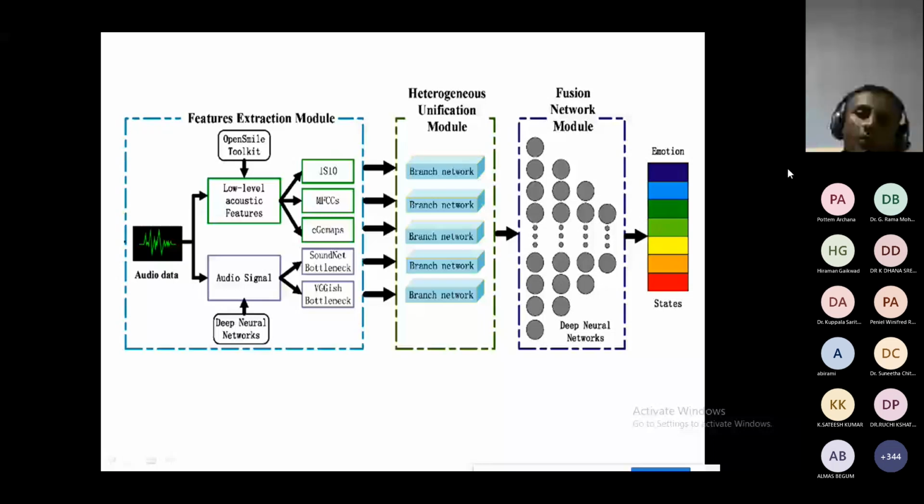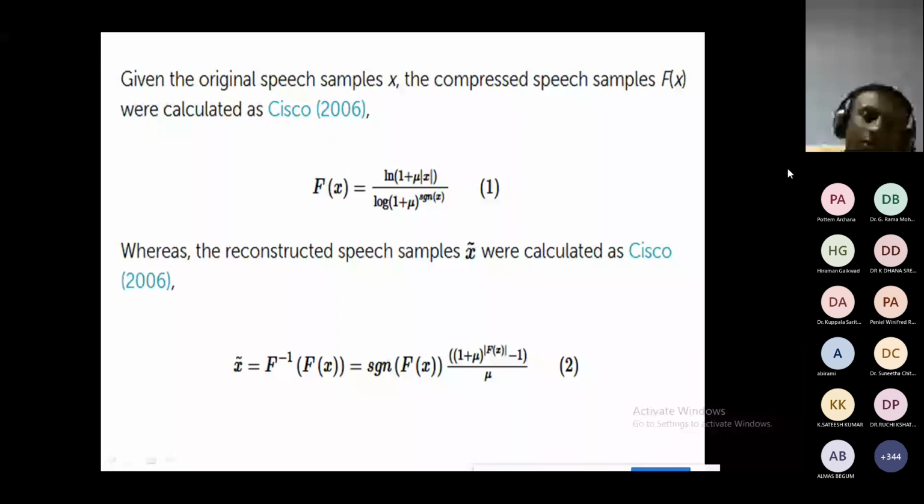As for the general functions, as per the discussion from the literature, we found and used a mathematical formula. If the original speech sample is X, we compress that voice sample with the function f(x), ln(1 + mu X), log(1 + mu sine of Z), then reconstruct the speech sample as a small set. Then this set again goes for fragmentation.